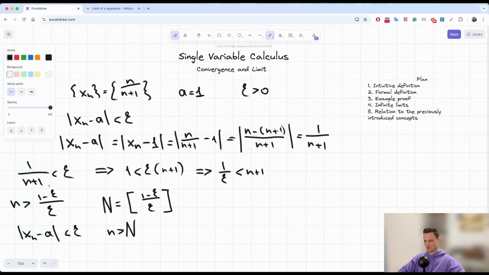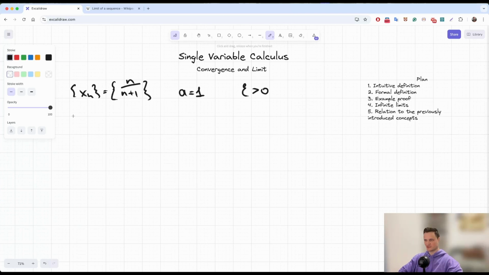Because n is more than the whole part of this fraction. And as we discussed previously, this is needed to make sure this holds. So therefore, by definition, the limit of n divided by n plus 1 is 1, when n tends to infinity.